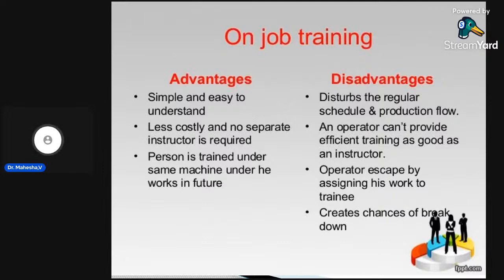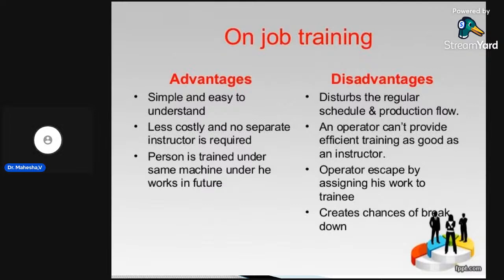See, as far as the merits are concerned, it is simple and easy to understand. It is not so complex because, as I said, the employees learn while working in a working setup. Thereby, they try to learn while executing the task. It is less costly and no separate instructor is required.